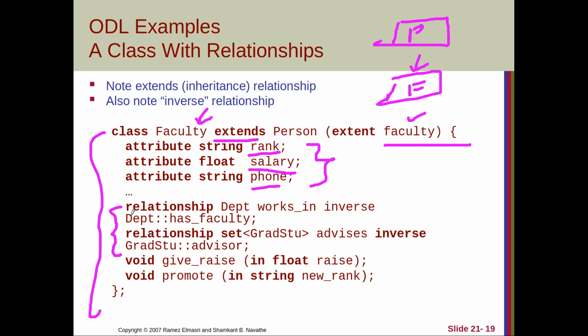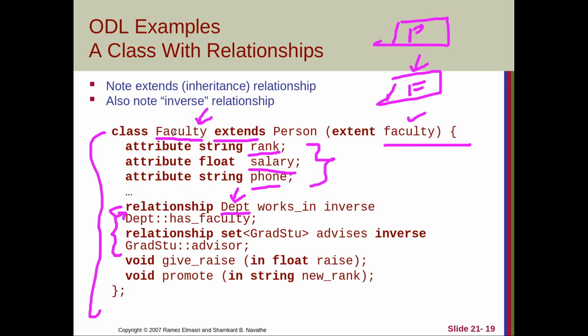Now how can we specify the relationship? The relationship can be specified by using the keyword relationship. Relationship is the keyword that is used for specifying a relationship between two different classes. So what relationship are we going to specify? Relationship with department.